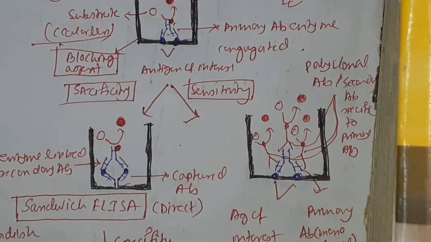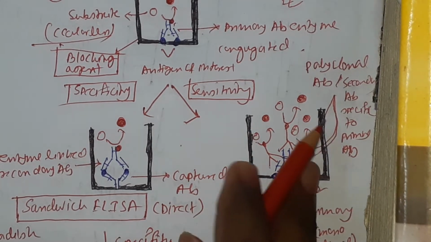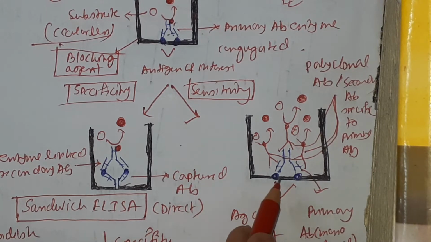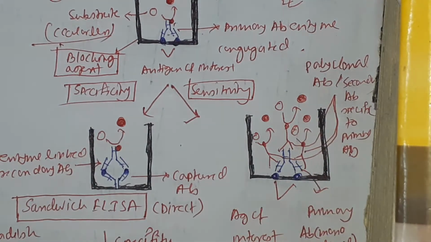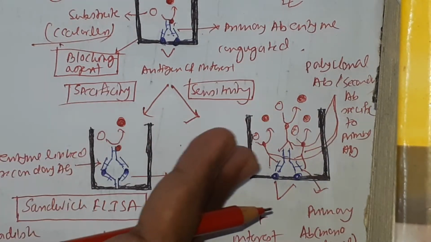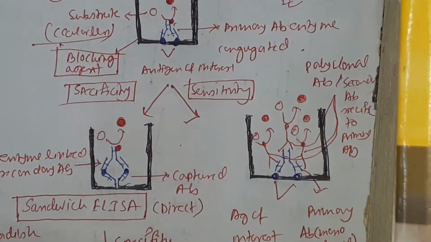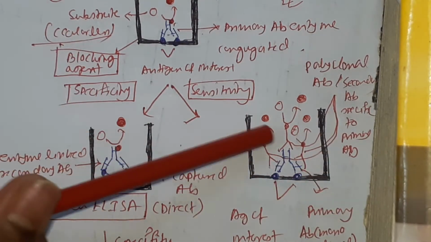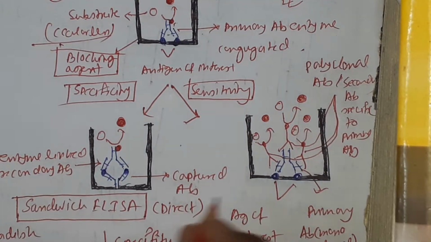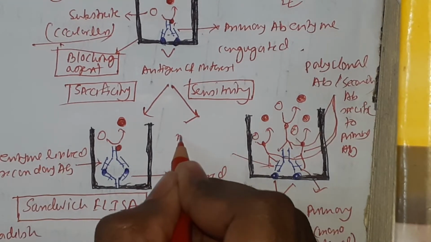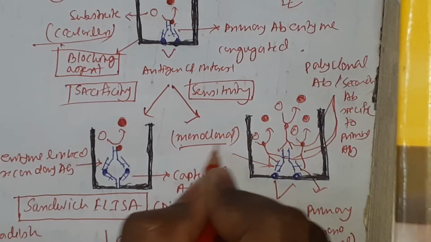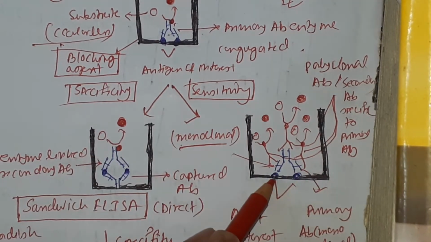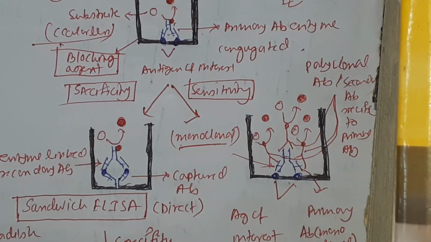So what we have done here is, we take our microtiter plate in which we have coated the antigen of interest, then we block the remaining areas with blocking agent, then we add primary antibodies that are not conjugated with enzyme, and this primary antibody is monoclonal. Remember this thing, monoclonal means this primary antibody shows specificity towards a certain kind of antigen.